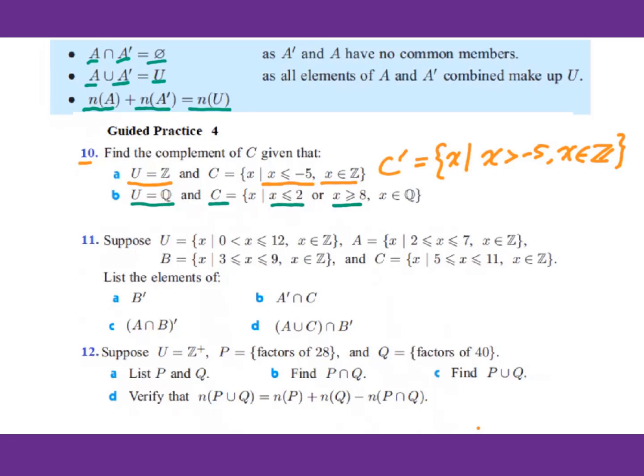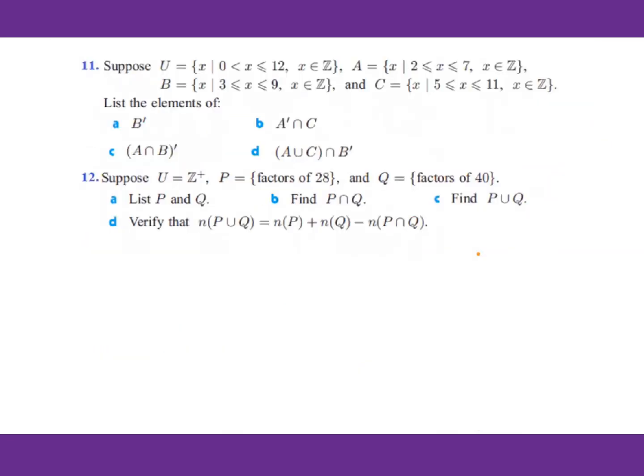Complement of C equals x will be between 2 and 8, then this x is a rational number. Let's go to number 11.